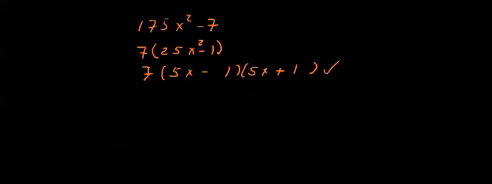All right, our last special case is perfect square trinomials. Perfect square trinomials look like this. 9x squared plus 12x plus 4. I'm making one up on the fly here, which is hard.